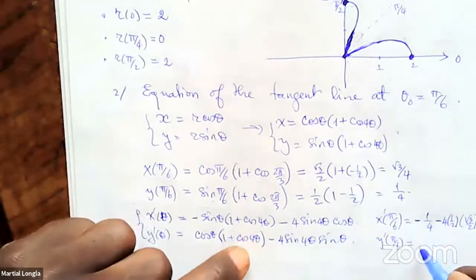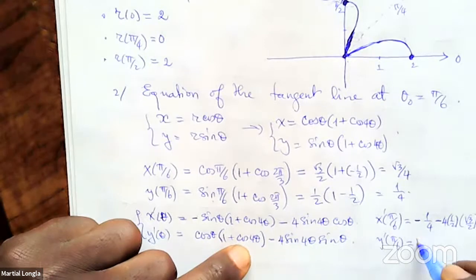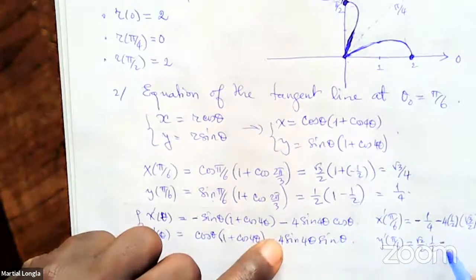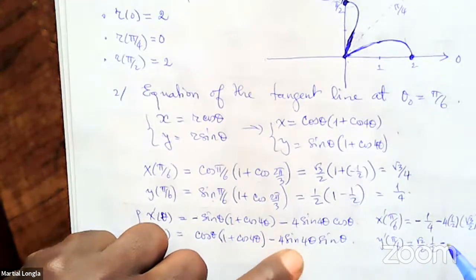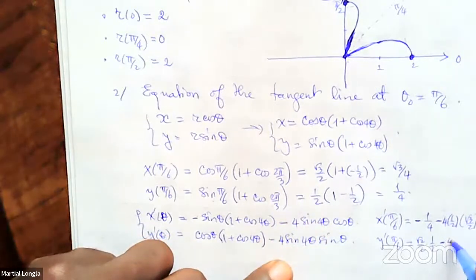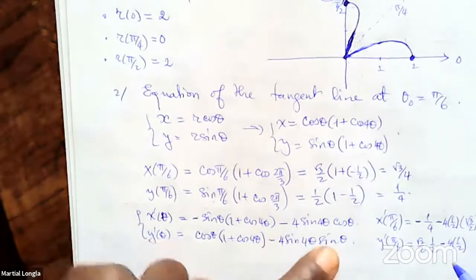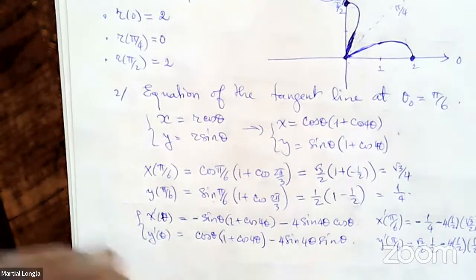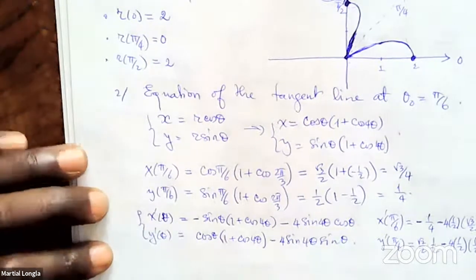Again, here this is root 3 over 2 times 1/2, so that's root 3 over 4. Then minus 4 sine, that's the same guy that is there, so 4 times 1/2 times sine theta. Sine of pi over 6 is 1/2. Okay.